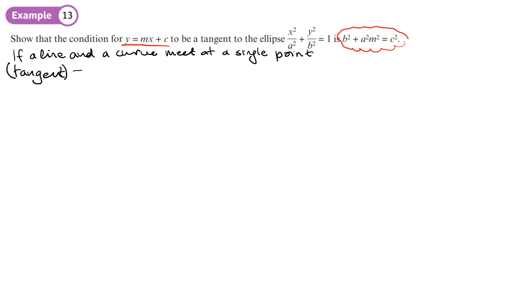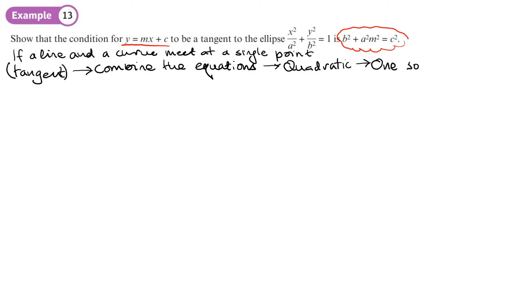So if they meet at a single point, it means that when we combine the equations, that quadratic that we get has only got one solution, which means that b squared minus 4ac equals 0.